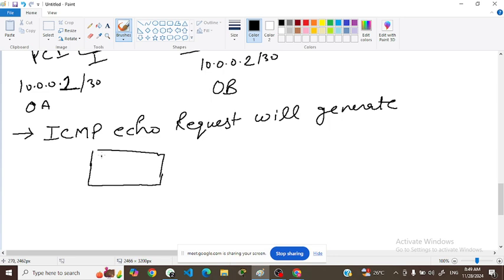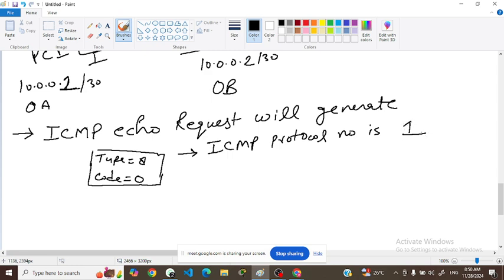Anyone who knows, echo request type is always 8, and code will be 0. What is the protocol number of ICMP? Anyone knows? ICMP protocol number is 1.